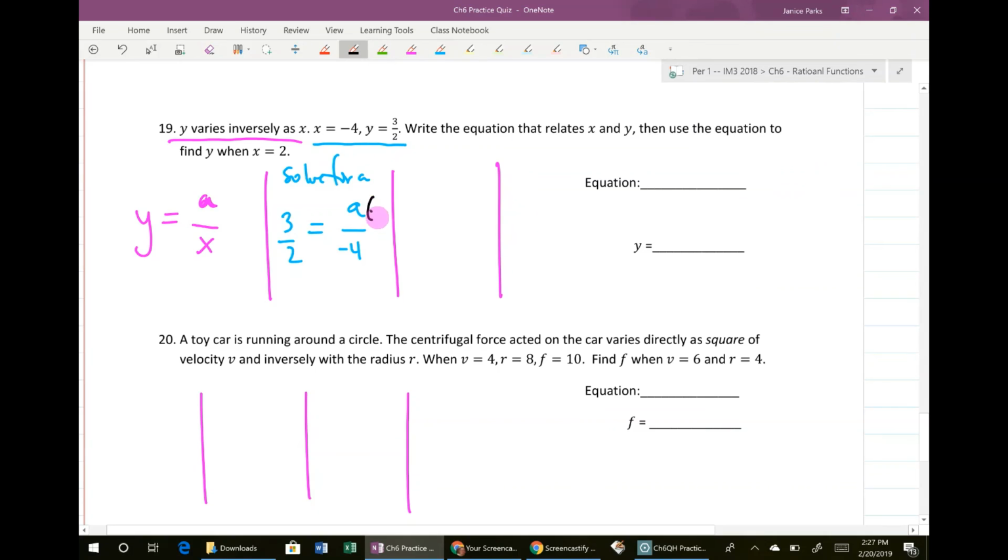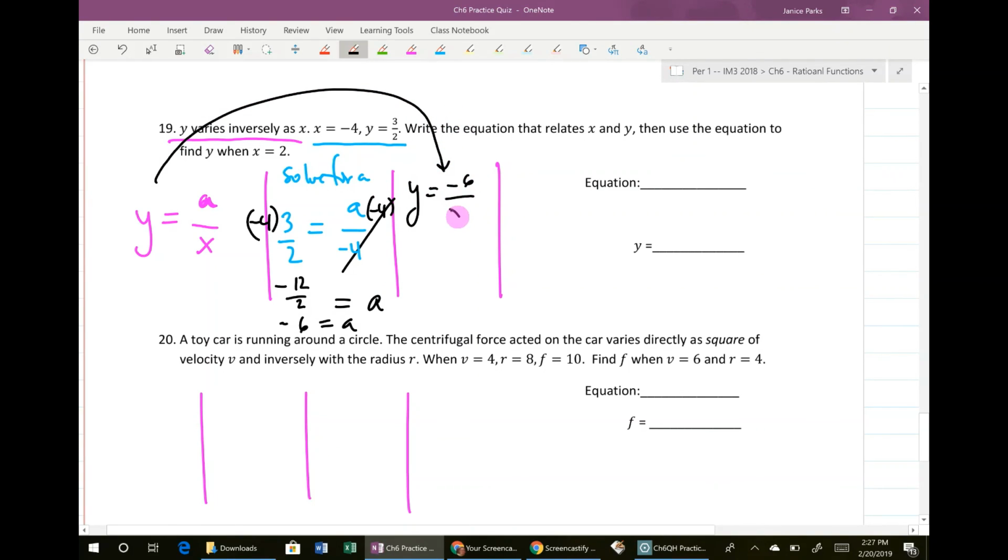So then we multiply both sides by negative 4. So a is equal to negative 12 over 2, or negative 6. The next time you rewrite the original equation, but you fill in a. So negative 6 over x. So that's the equation, which is the original equation with the a value filled in.